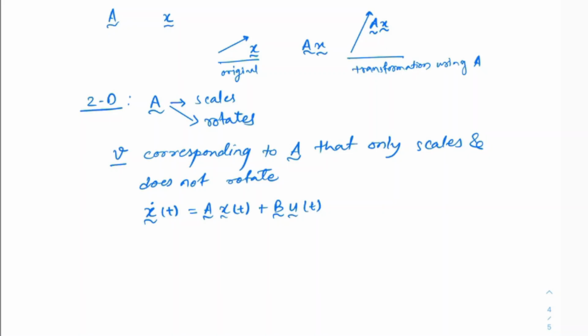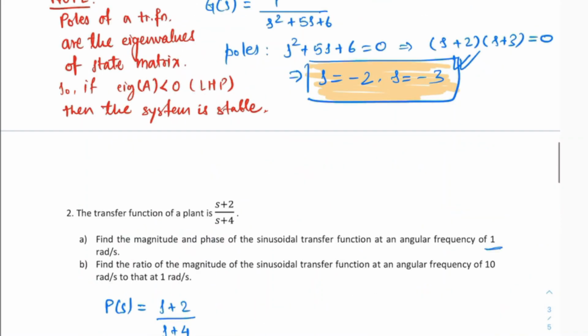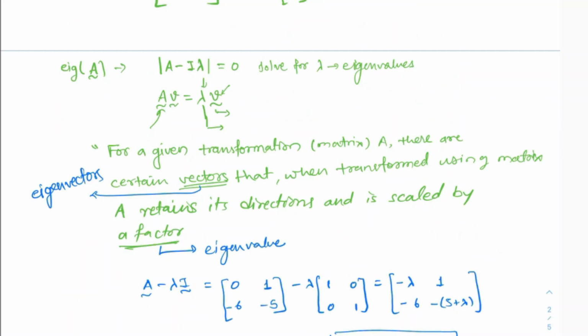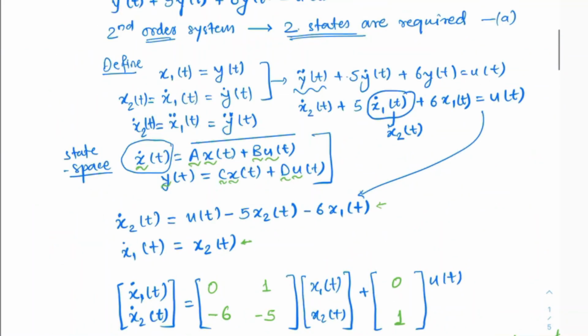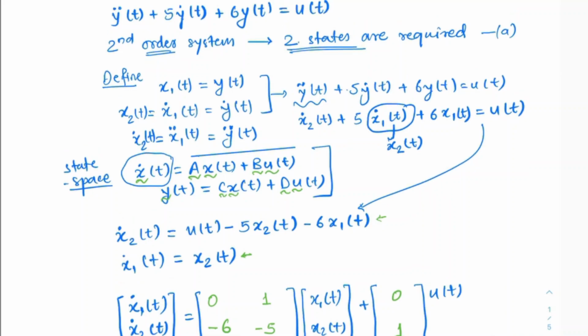Can you scroll up? Here you wrote x1 dot of t, x2 dot of t equals A times x1, x2 of t. So I'm asking if your eigenvectors can be some vector in the form of x1 and x2.